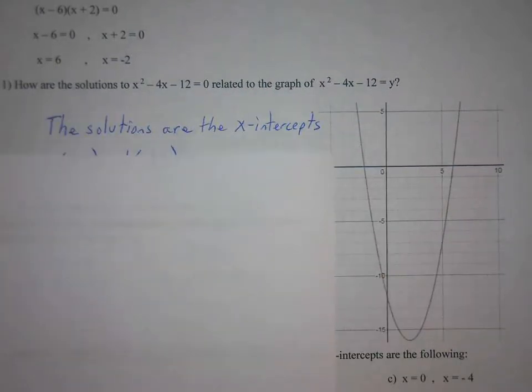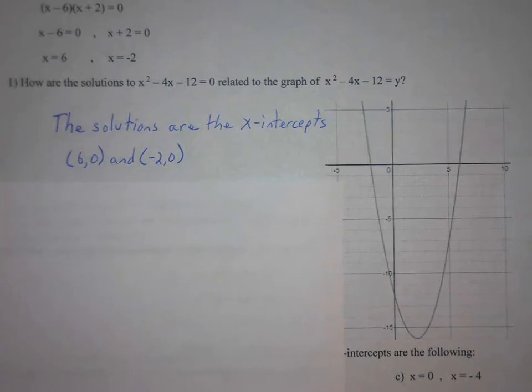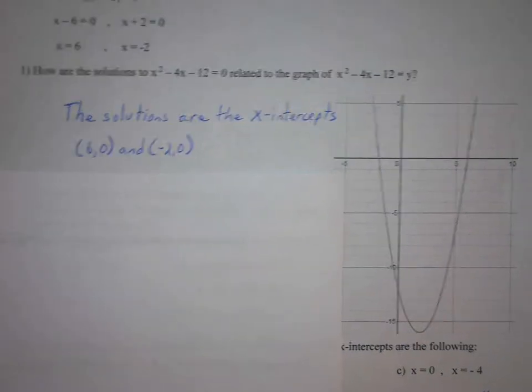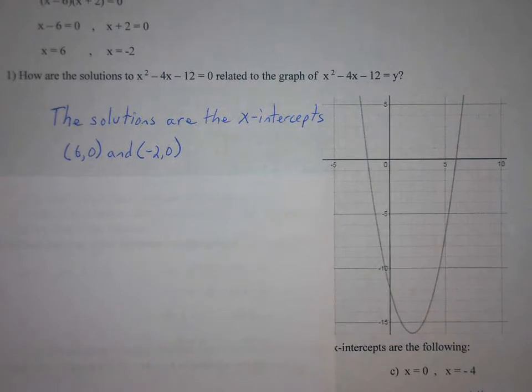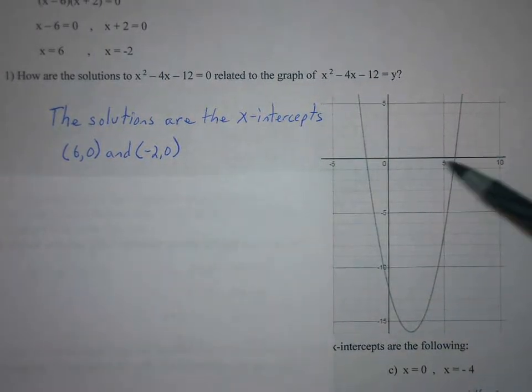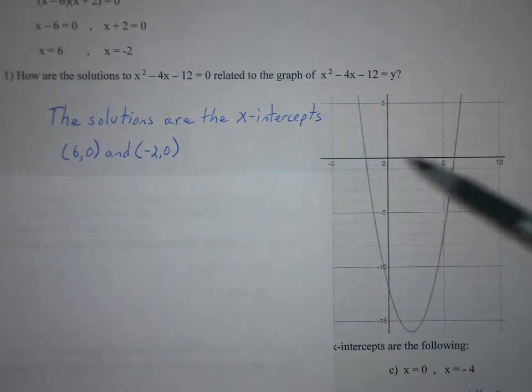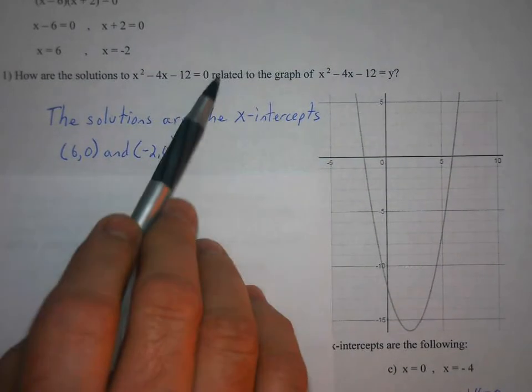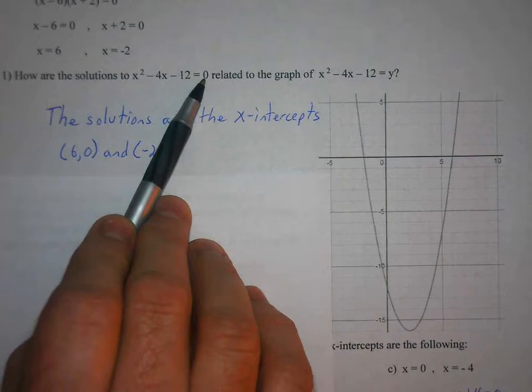That happens when x equals 6 or negative 2. So the solutions are the x-intercepts, (6, 0) and (negative 2, 0). The major point here that I don't want to gloss over: the x-intercepts of a graph tell you the solutions to when the equation or expression equals 0.